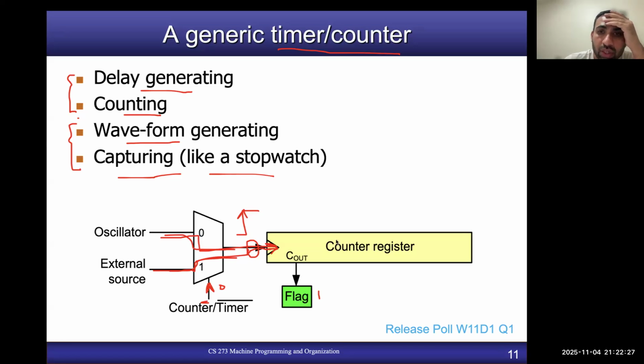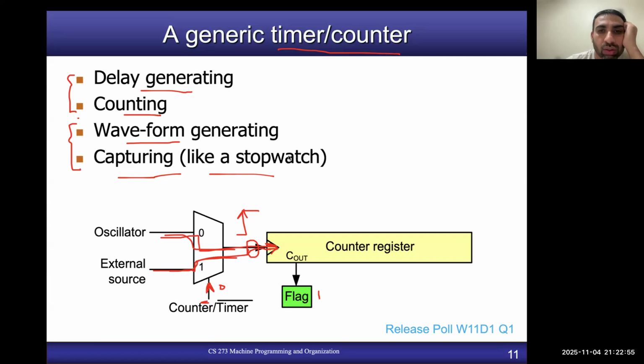Okay, let me stop here. Before I explain the answer, I think the question statement is a little bit vague. It says counter operates on external clock. Actually, it should be that the counter operates on an external event signal or an external event, while the timer operates on the clock signal or the crystal frequency.